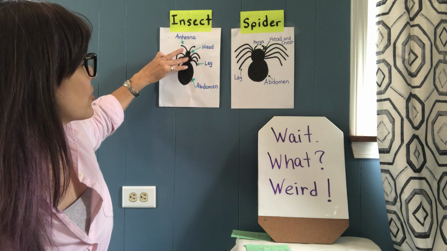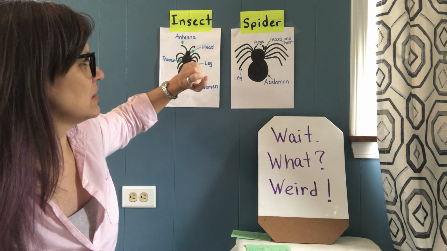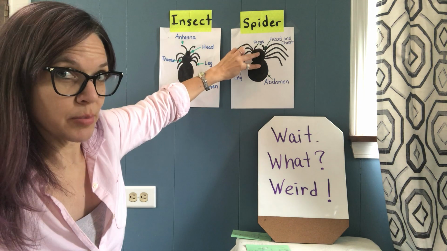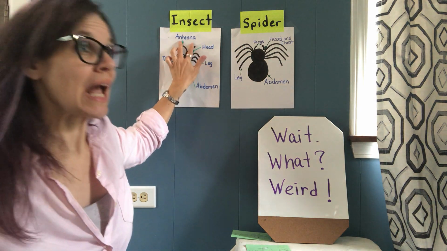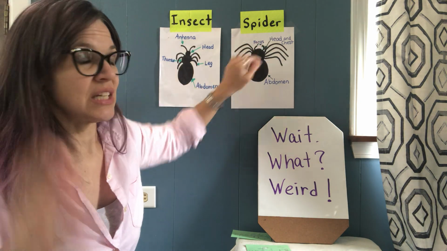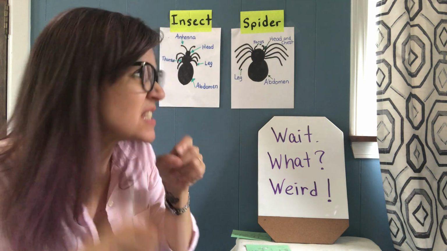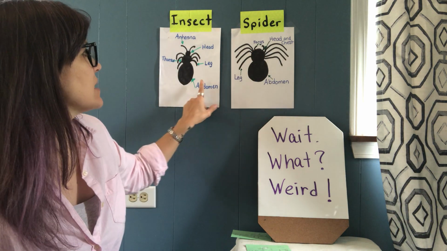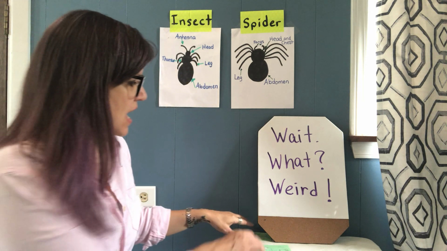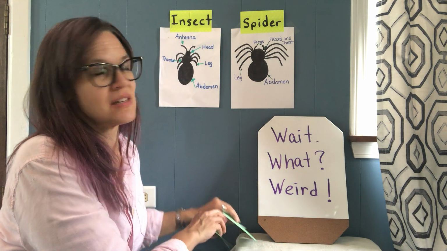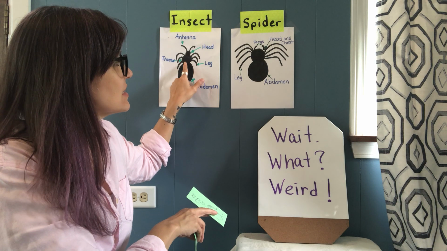We have 3 body parts, 2 body parts. Antennae? No antennae. But these guys have fangs. And let's see, we've got how many legs? 6 legs?